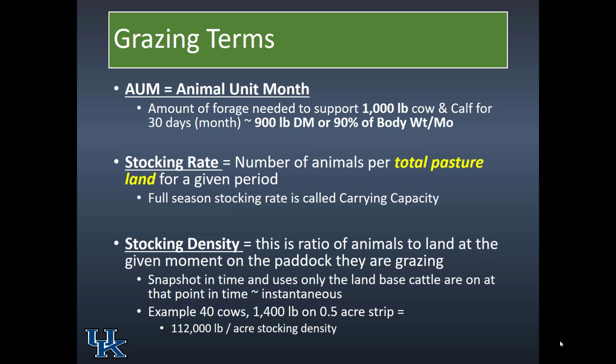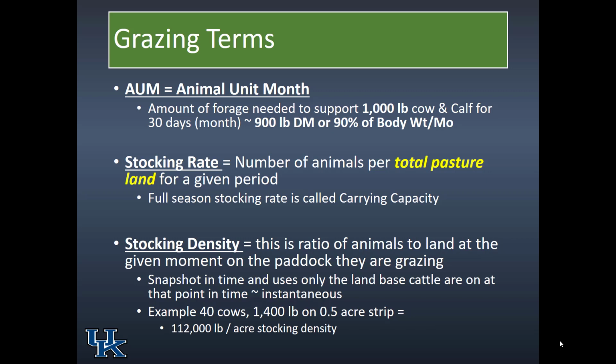In other words, instantaneous. For example, if you have 40 cows weighing 1,400 pounds on a 1/2 acre strip, that winds up being 112,000 pounds per acre stocking density. Very much something that would be in the mob stocking density category.